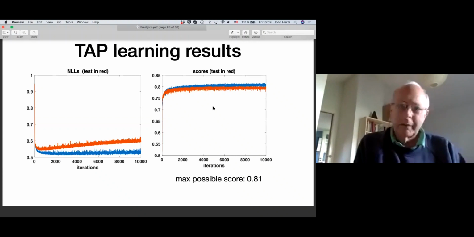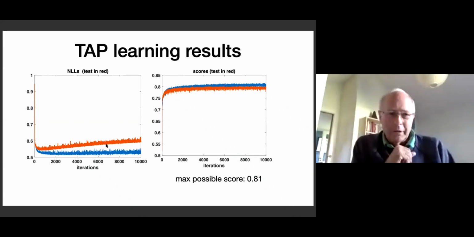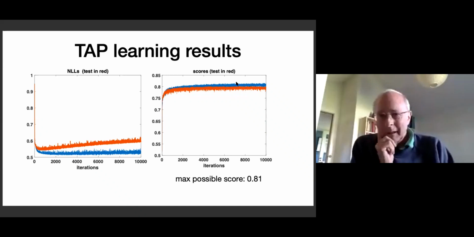But if we look at the next graph, you see it isn't so bad in terms of scores. Even though the test NLL is going up, the scores are still pretty stable, though it's not quite so good for the test set.